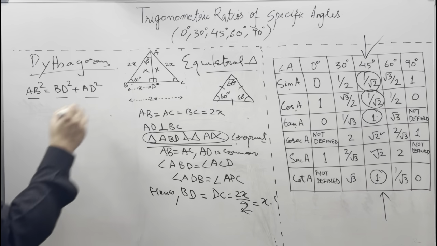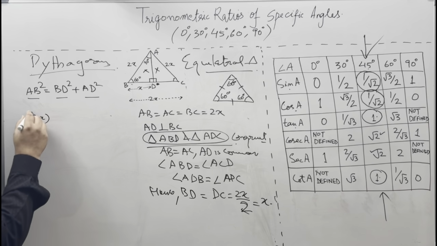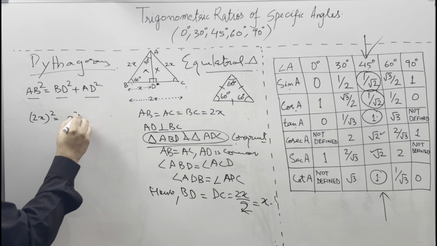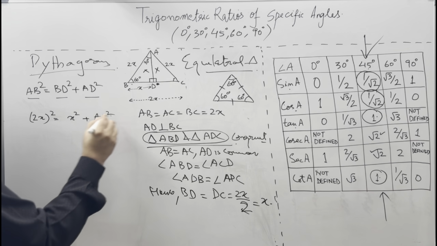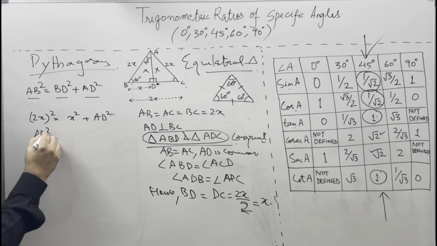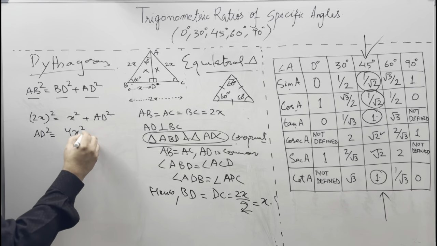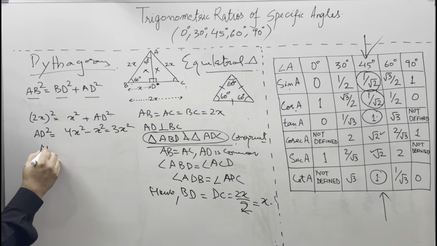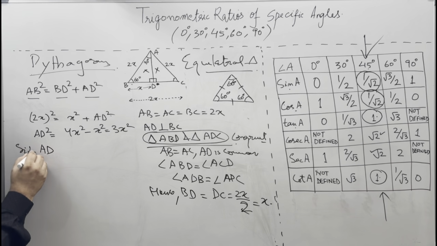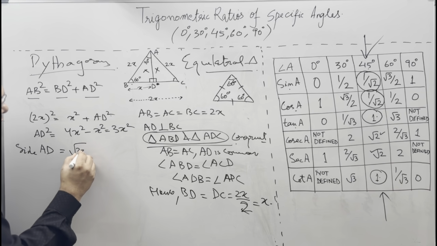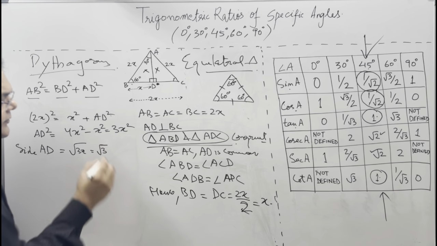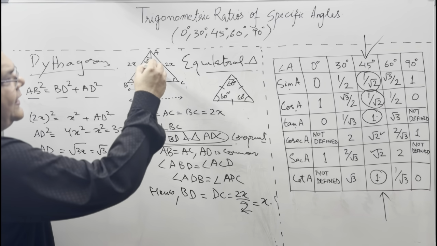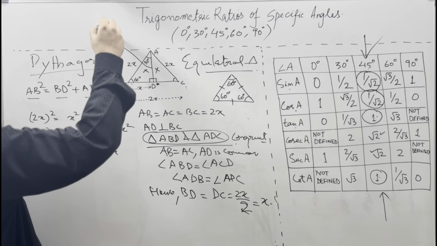So AB square is equal to 2x square, which is equal to BD square, that is x square, plus AD square. So AD square is equal to 4x square minus x square, which is equal to 3x square. Hence, side AD is equal to root of 3x square, that is root 3 x. So this side is root 3 x.